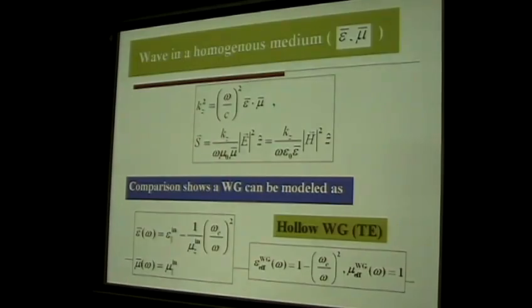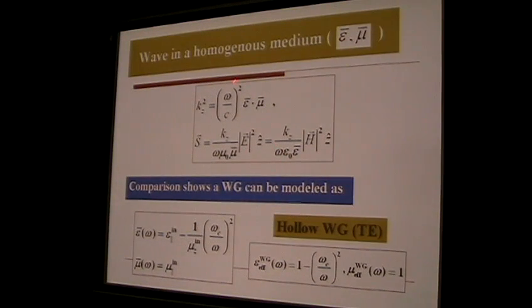These two equations are very complicated, and you do not have any sense about the situation. Now let me remind you, since we want to characterize this complex structure by an effective medium, we consider how the wave behaves in an effective homogeneous medium. Suppose we have a homogeneous medium with epsilon bar and mu bar as its effective properties, then we can solve both the dispersion relation and the Poynting vector. That is very easy to obtain.